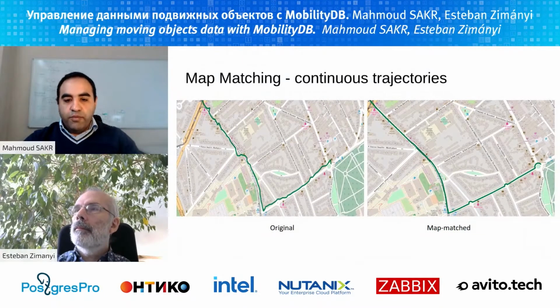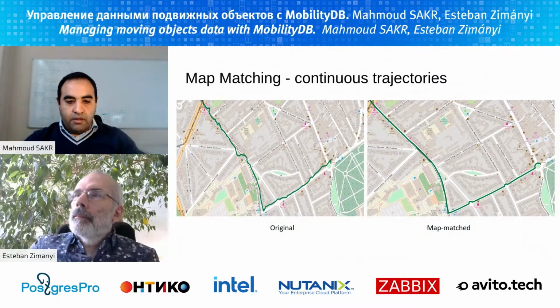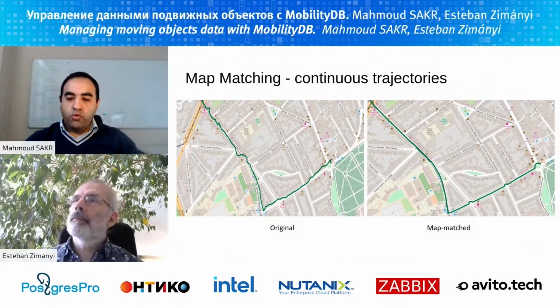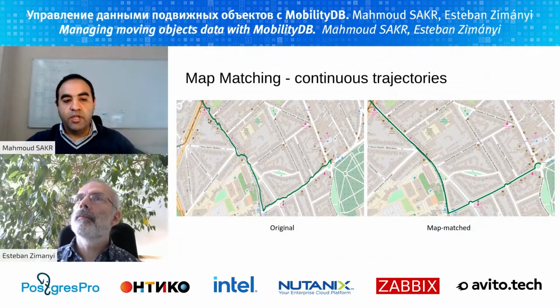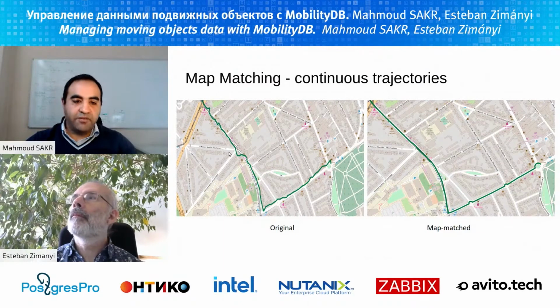Besides the functions that MobilityDB implements directly, it also integrates with other tools, for example, to do map matching. You know that the signal you get from GPS typically has errors, so if you plot it, it will be something like the left diagram.